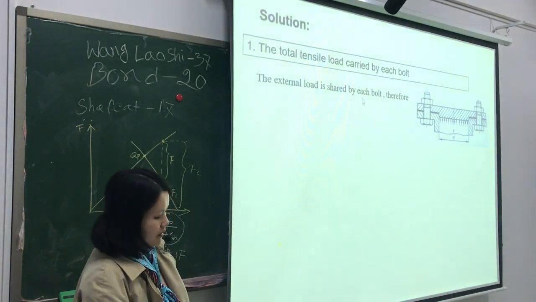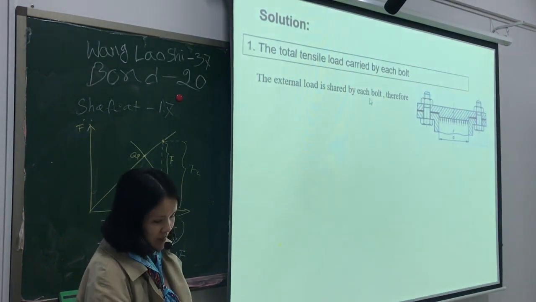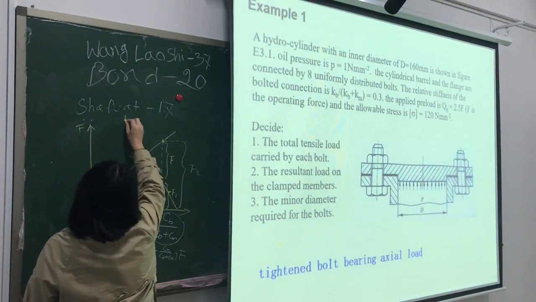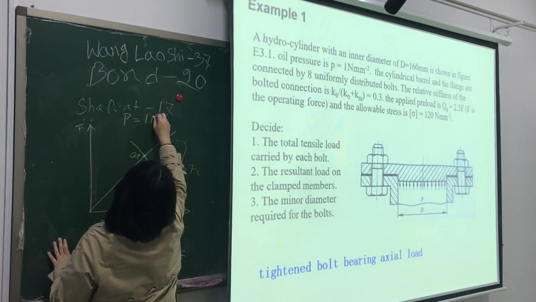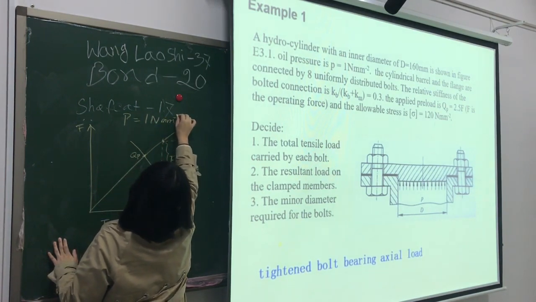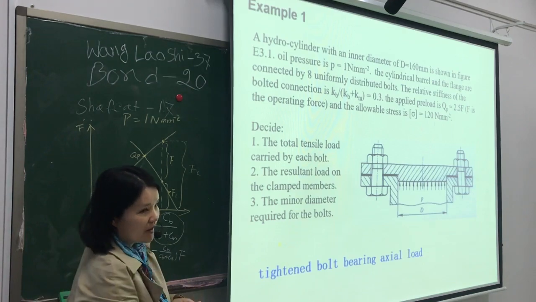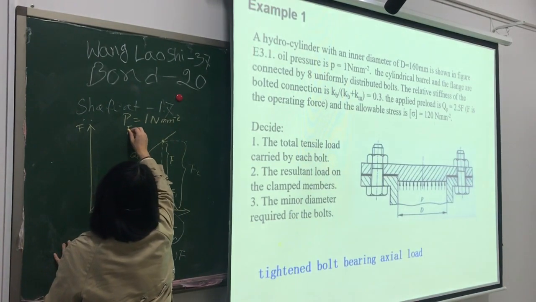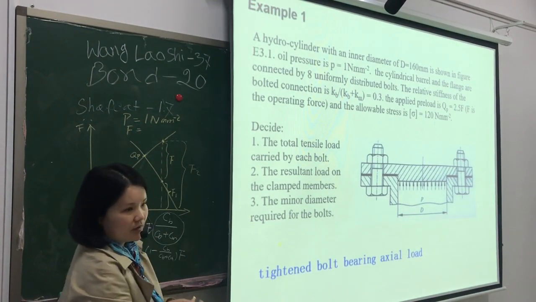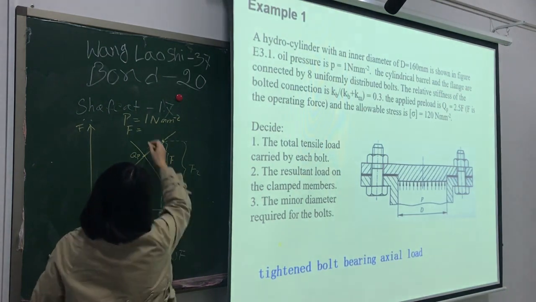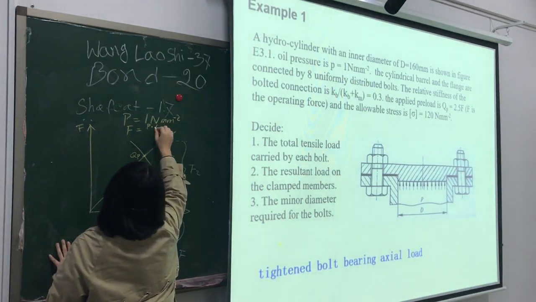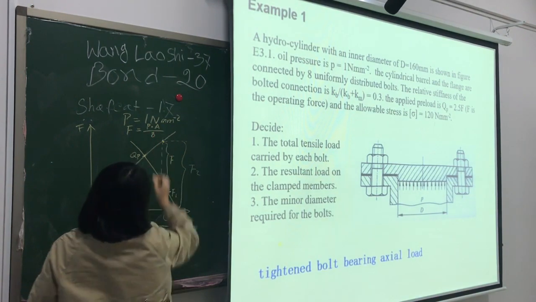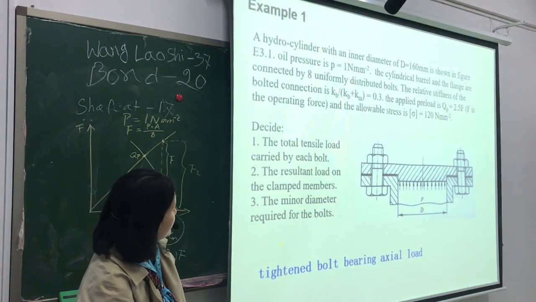The pressure P is 1, and we can calculate the force F equals P times A divided by the number of bolts.